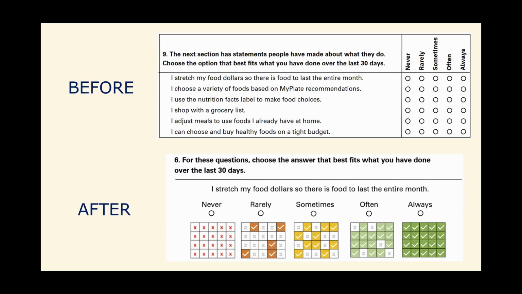And after having conversations with our advisory board, we decided to include a visual representation of each of these answer options. And what this shows is an approximate calendar or number of days situation that represents the word response. So we have never, which shows X's on all of these days, all the way to always, which is green check marks in all of the boxes.